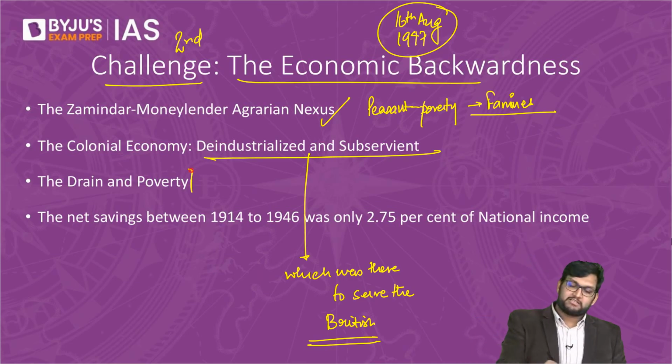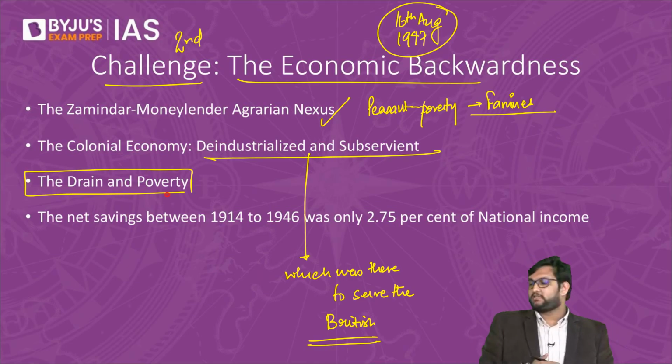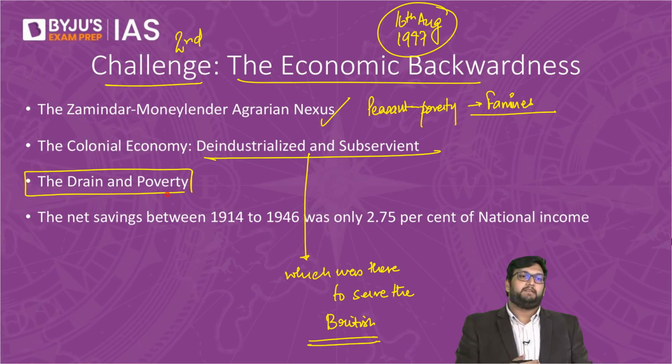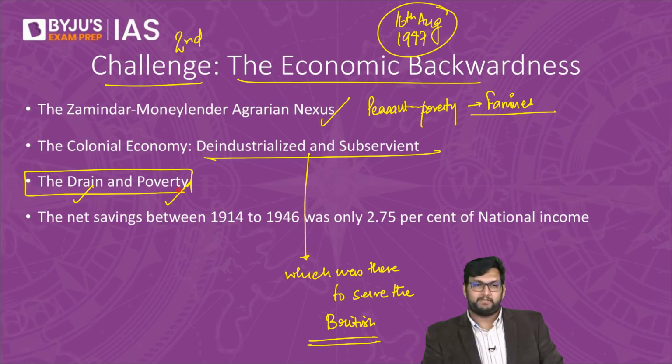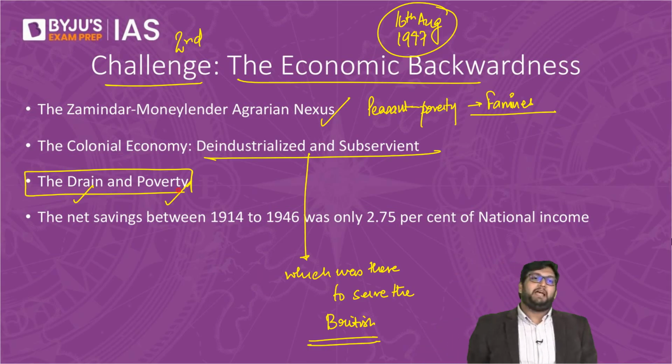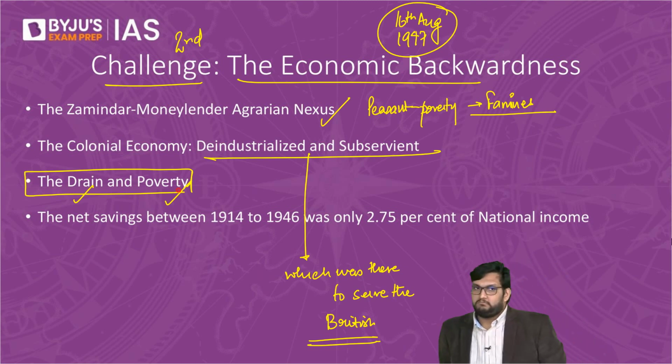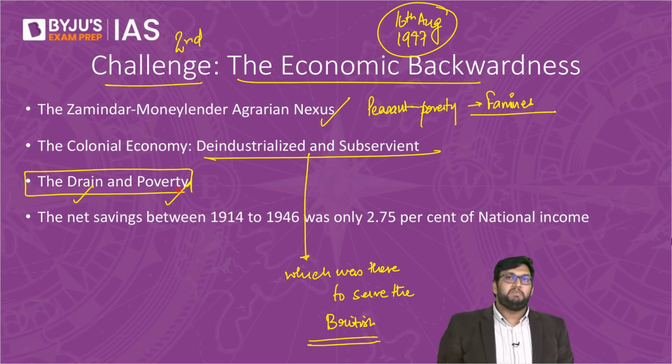The only thing which the British left us on 16th August 1947 is a drained-out economy and poverty. The Prime Minister is Nehru and the Deputy Prime Minister and Home Minister is Sardar Vallabhbhai Patel. Now this has no real meaning.